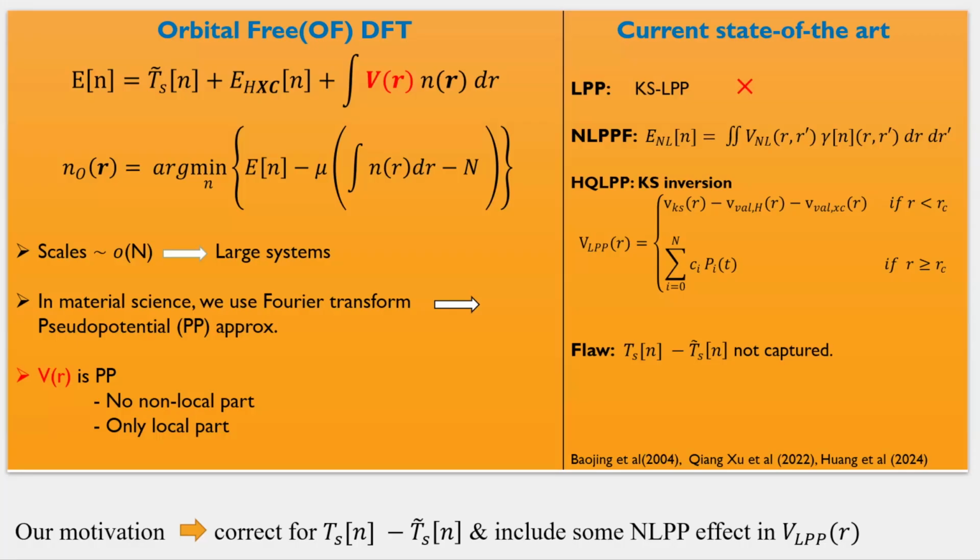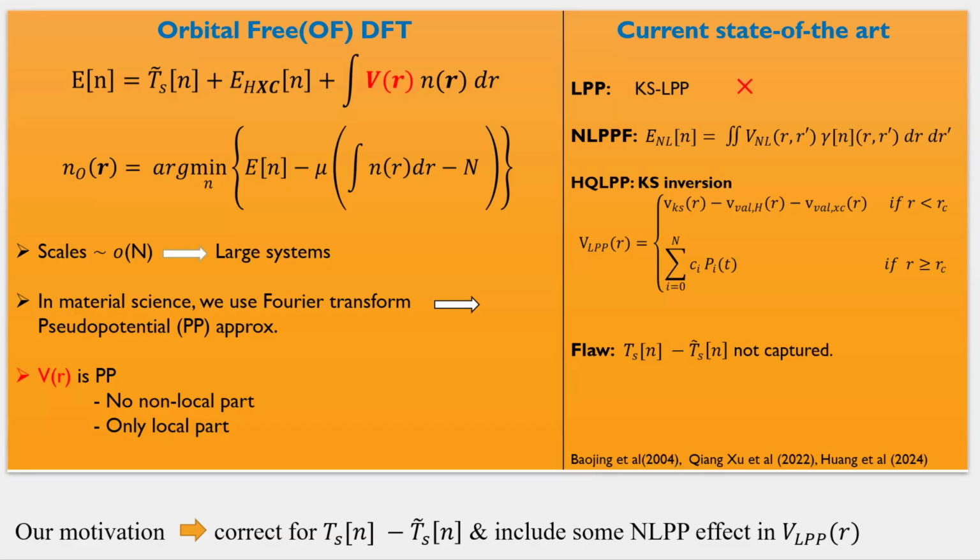Then another approach to generating pseudopotentials for orbital free DFT is the Kohn-Sham inversion, which was implemented by others. The Kohn-Sham inversion has to do with reproducing Kohn-Sham non-local pseudopotential properties with Kohn-Sham local pseudopotential properties. If this is fine, then you can just straight away use the Kohn-Sham local pseudopotential in the orbital free DFT.